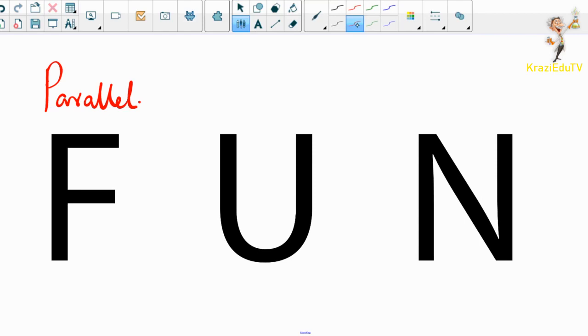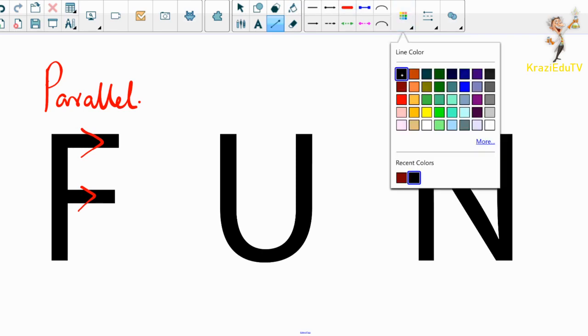remember that that's possible because that line is parallel to that line. And I'm going to try as much as possible to create my own.